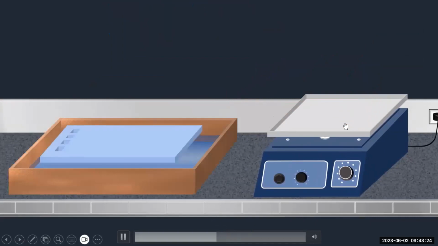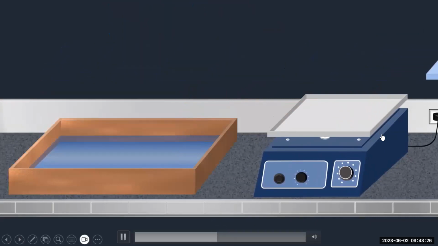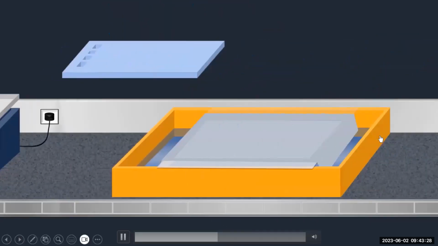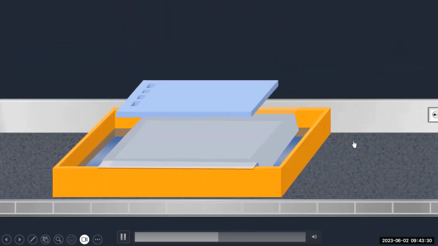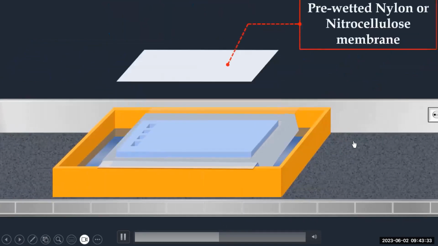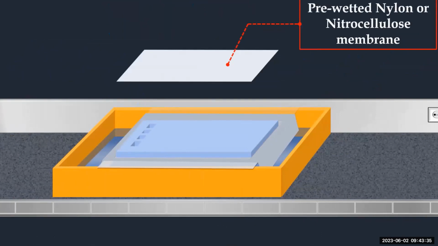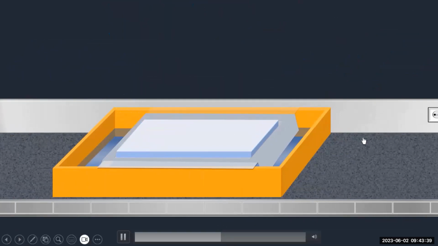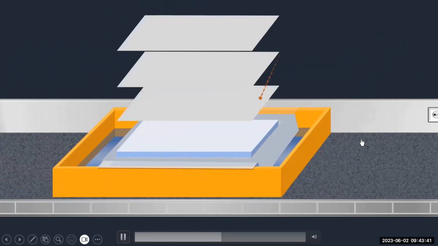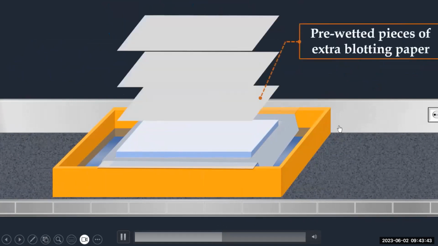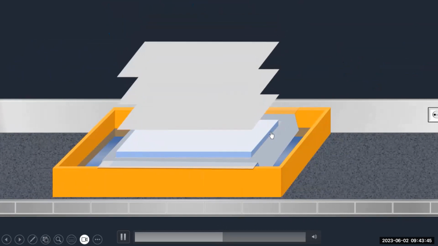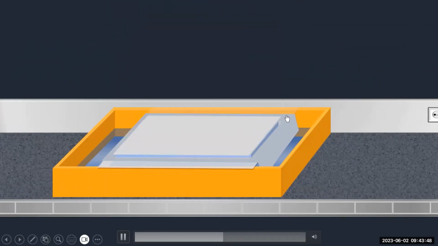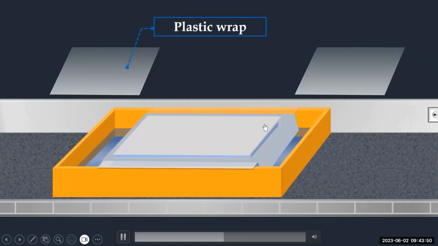And then we take the gel after gel electrophoresis and place it on the paper towels. Then we take nitrocellulose membrane. So we place nitrocellulose membrane on the correct surface, and then we keep the next set of filter papers on the nitrocellulose membrane.